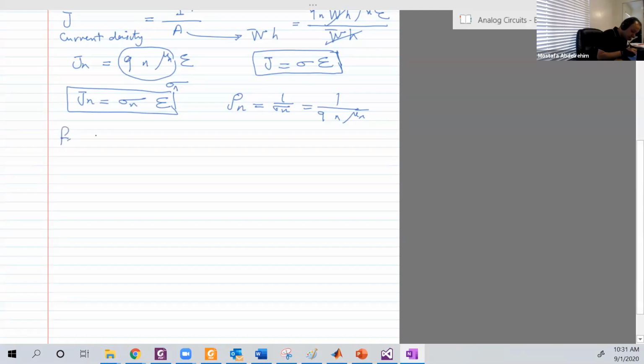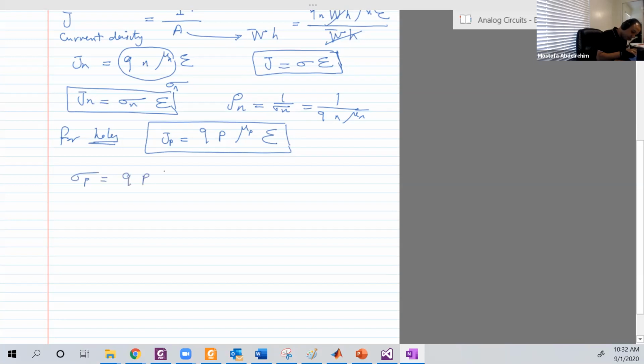So for holes, J p is equal to q p mu p multiplied by epsilon. So sigma p is equal to q p mu p, and rho p is equal to 1 over q p mu p.